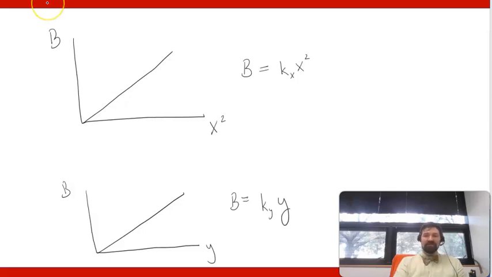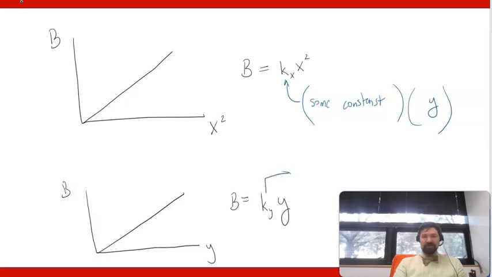And this x constant should contain essentially some constant times y.